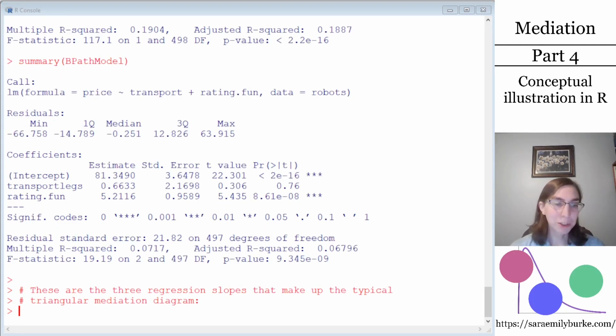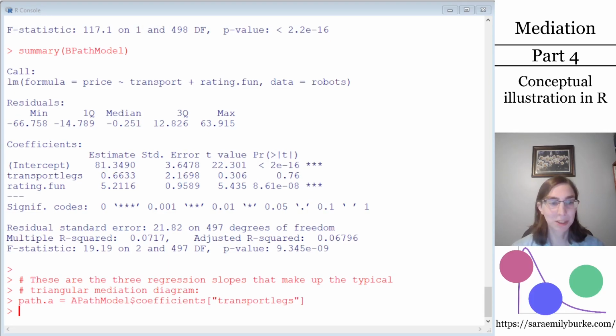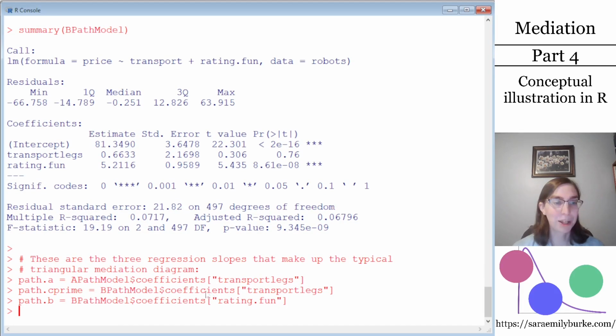The typical triangular mediation diagram has 3 regression slopes in it, often labeled A, C prime, and B. And I can retrieve those slopes from the regression models that we just looked at by extracting the model coefficients from the model object, and then retrieving the coefficient that corresponds to a specific variable name.